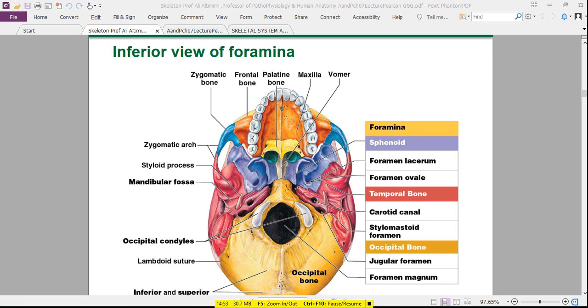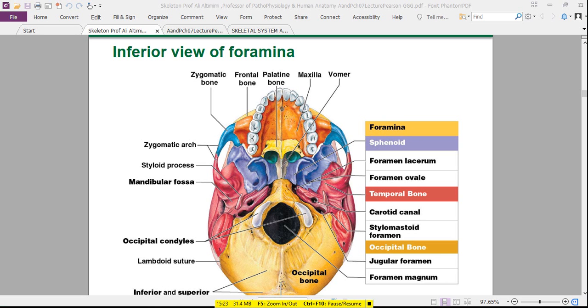Foramen ovale, and this is a foramen ovale. Carotid canal. This is a carotid canal. Stylomastoid foramen, jugular foramen, foramen magnum, and these are bone.